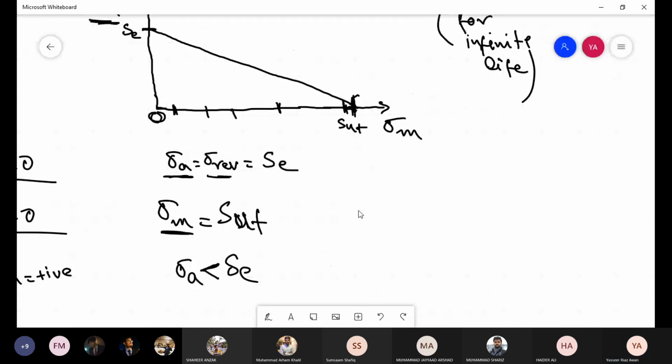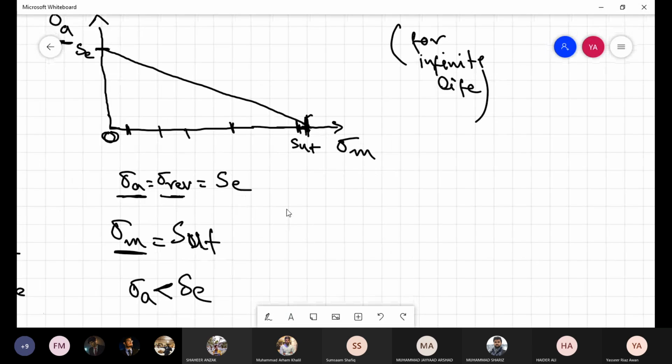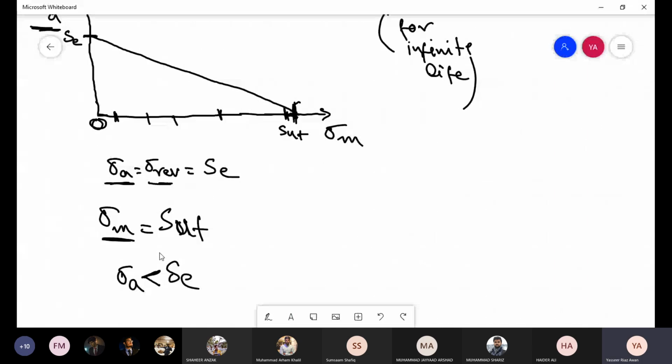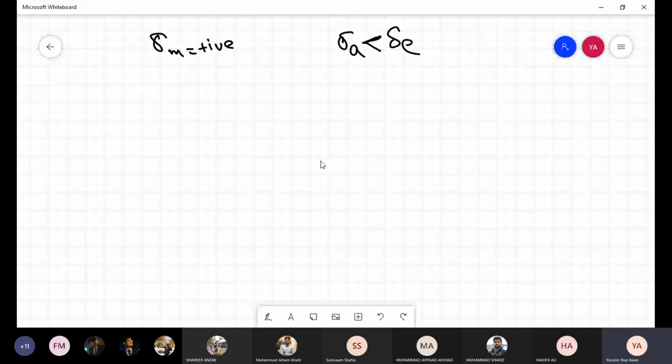Now let's look at the experimental data. What does the experimental data say about the combination of mean and alternating stresses?